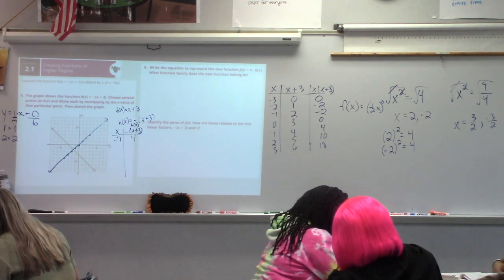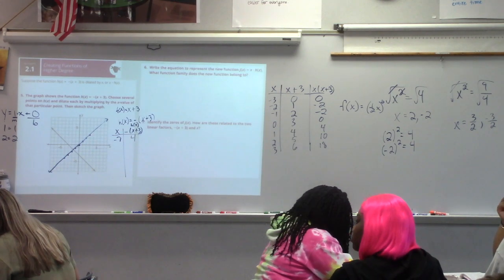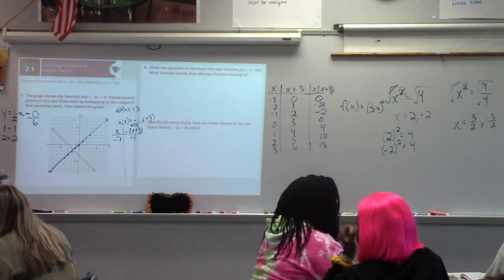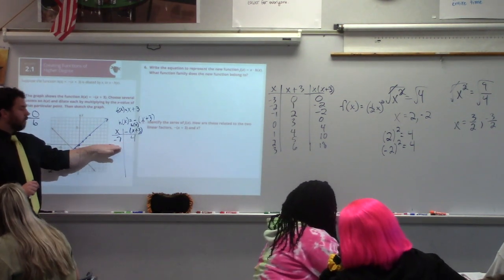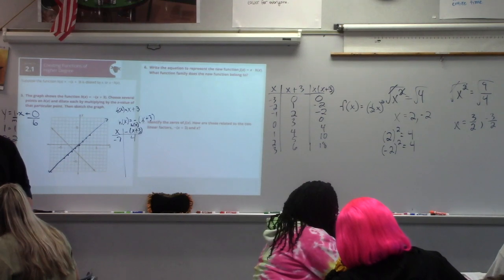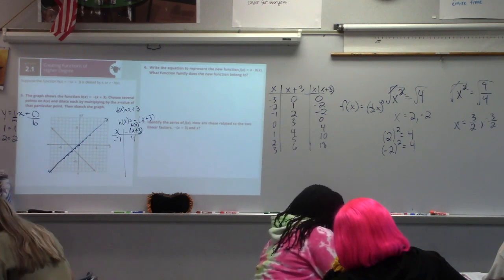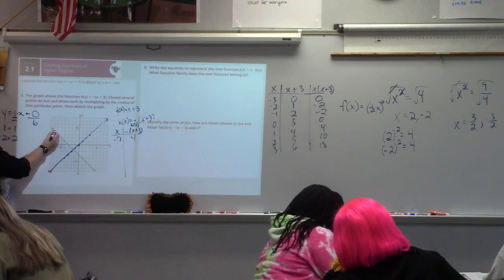Say again, Jakyle. We should have known that right away without having to substitute that negative 7 in, because they give it to us on the line. Which one? The black line. Yeah, so I go to x value of negative 7, and it's already on there.